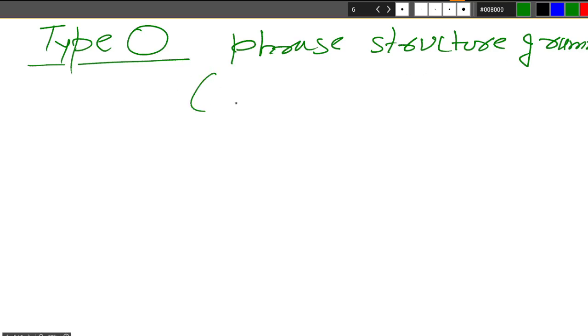You can also understand type 0 as unrestricted. There is no restriction on it. What does this mean?